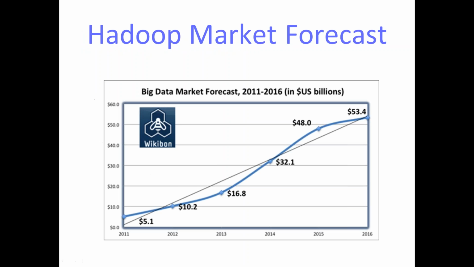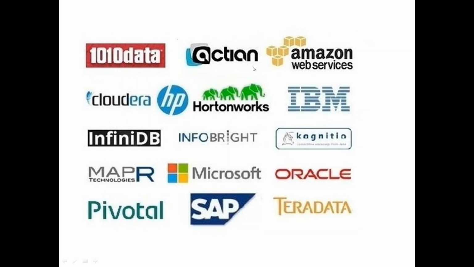So these are some of the different flavors: Cloudera, Hortonworks, HP, IBM, MapR. Microsoft also has its own distribution of Hadoop with Microsoft Azure. You might have heard of Microsoft Azure.